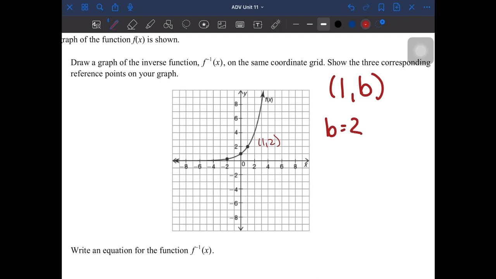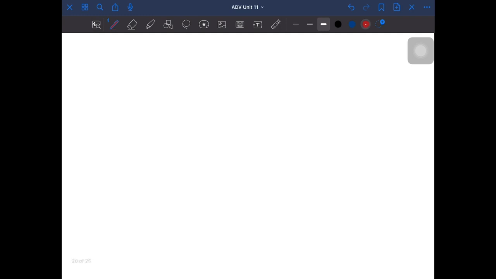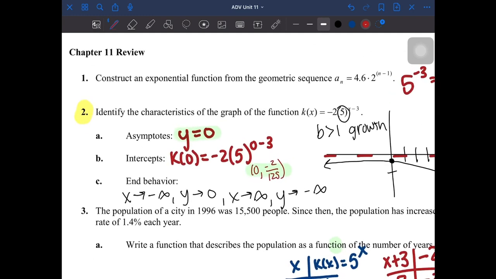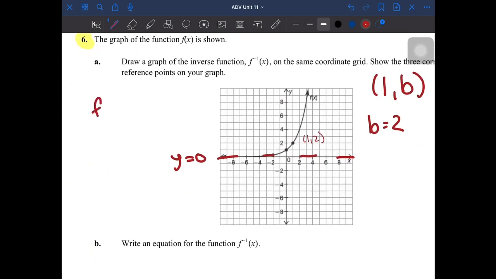And there's no left or right. There's no up and down. (0, 1) is on there, and my asymptote right here is still y equals 0. So that means my equation for this function right here, f of x, is going to be equal to 2 to the x. Okay?